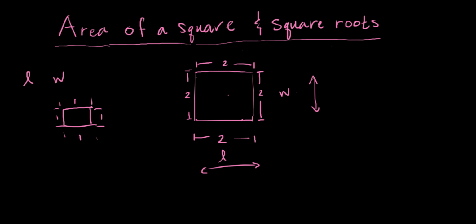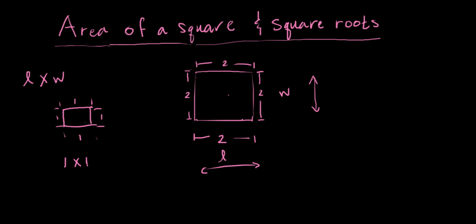When I say 1 by 1, I mean length by width. The length is 1, and the width is the same. It's 1. So we call this a 1 by 1 square.